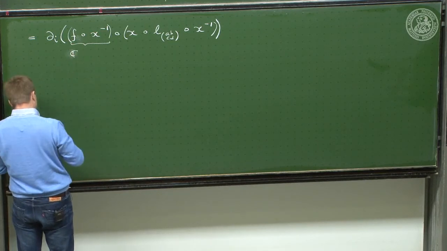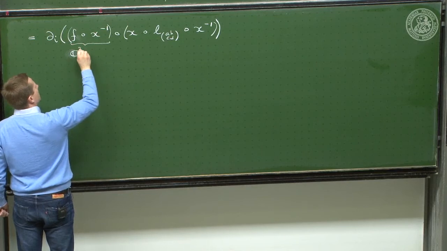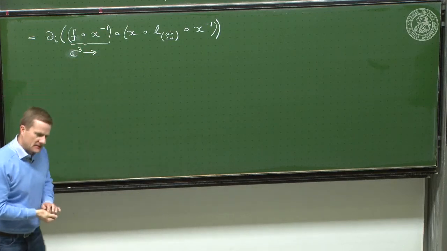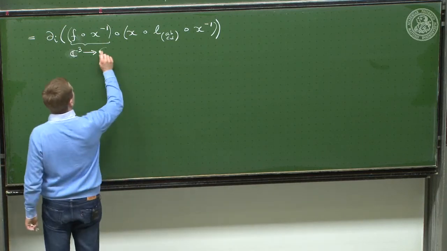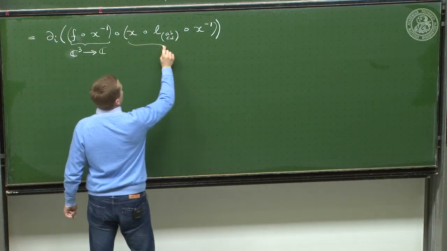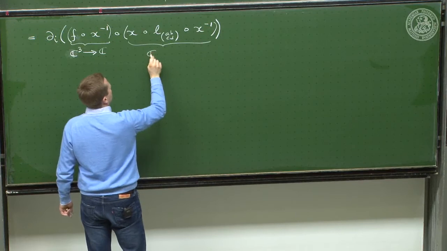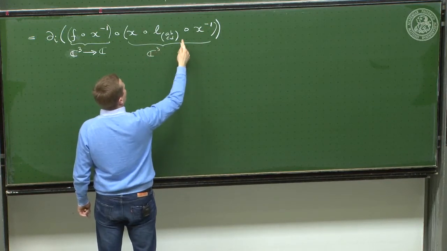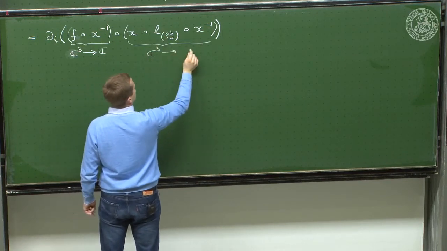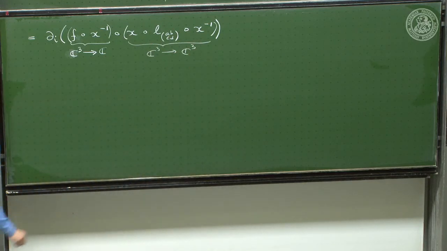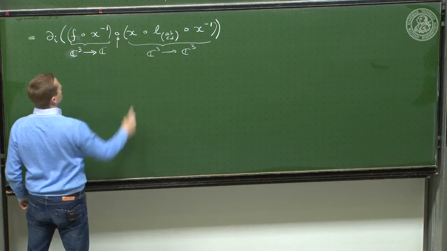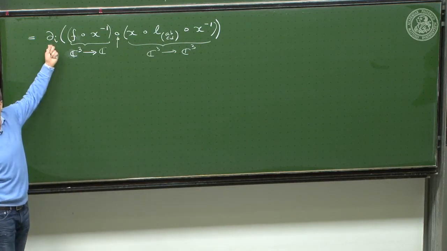Well, let's not be so picky here. The only thing I want to check is whether we can do this by standard analysis rather than manifold theory. C3 to C, and this guy here goes from some part of C3 via the manifold down to C, some part of C3. That's the situation, and there is a composition in between, and there is a derivative.